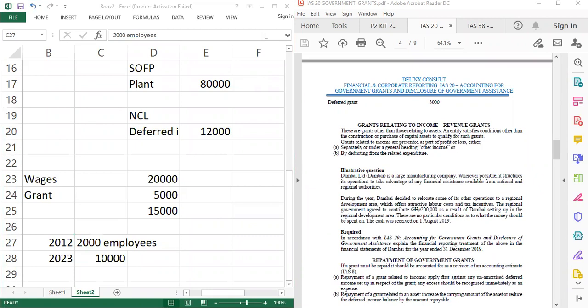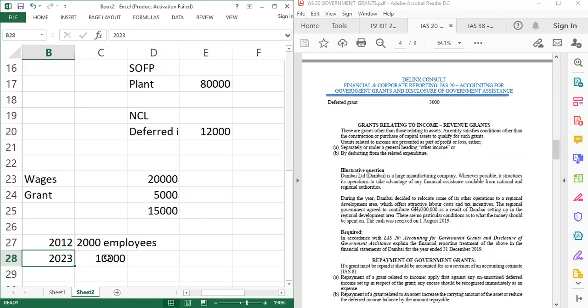The question again. I'm saying that the government has given a grant of 10,000 to any company who has ever employed 2,000 employees before. And in the past, your company has employed 2,000 employees, and now they are giving the grant in 2023 that any company that has ever employed 2,000 employees before will be given a grant of 10,000.